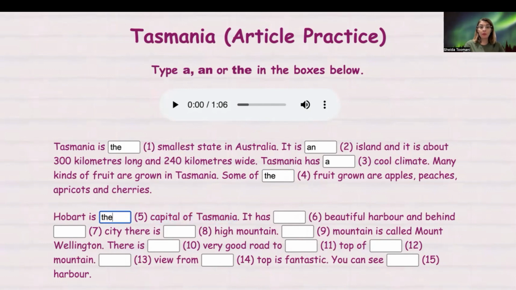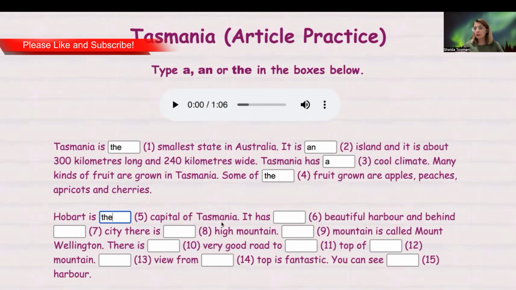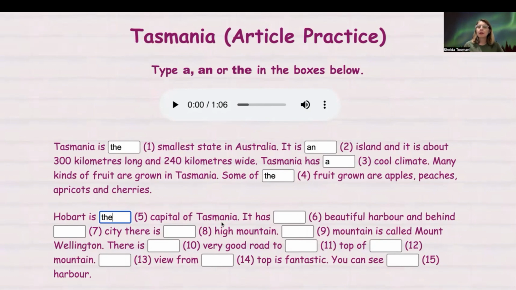And remember, whenever we have something of something, it can be capital of a country, it can be color of the wall, it can be window of the room, it can be door of the classroom. Anything that belongs to something else is clear. So we put the. Hobart is the capital of Tasmania.